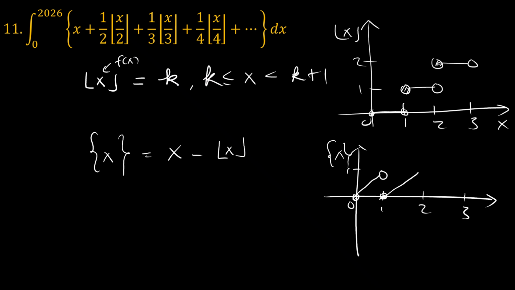Then it increases up to 2 and jumps back to 0, like that. So in other words, the fractional part of x is less than 1 and greater or equal to 0. So it always lies in that region.